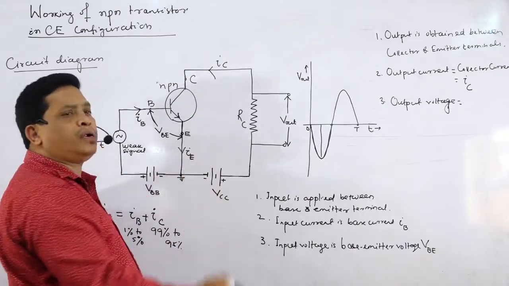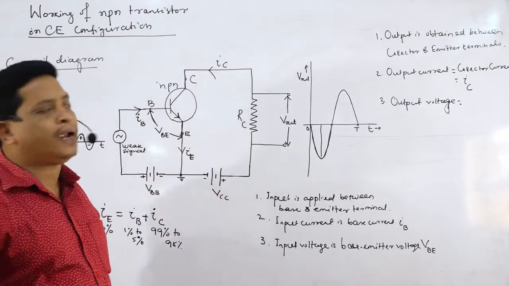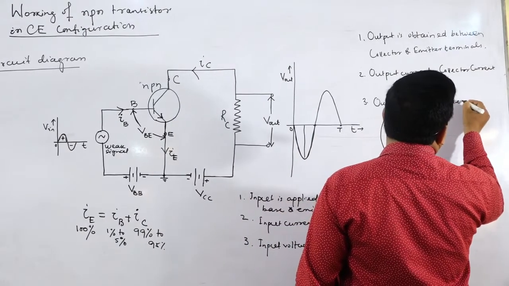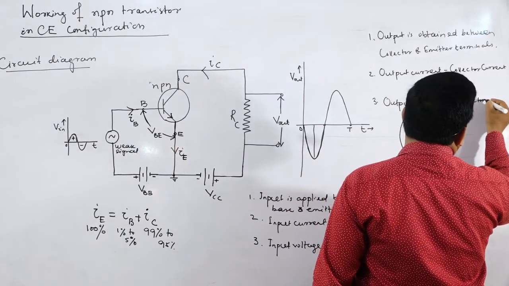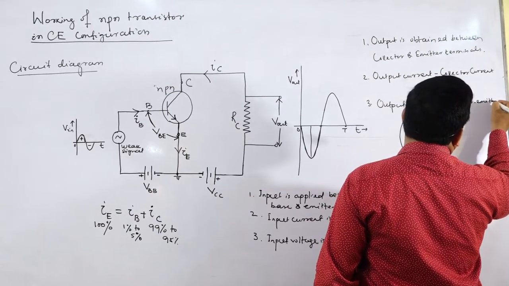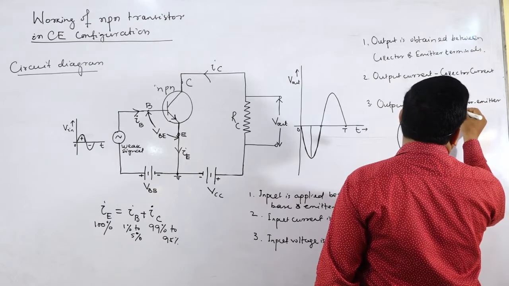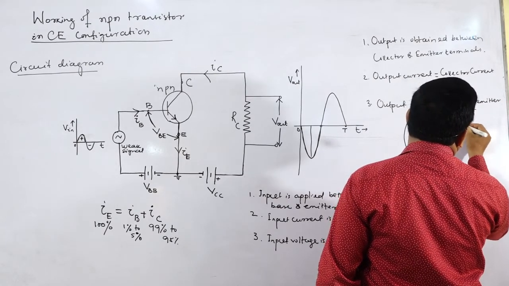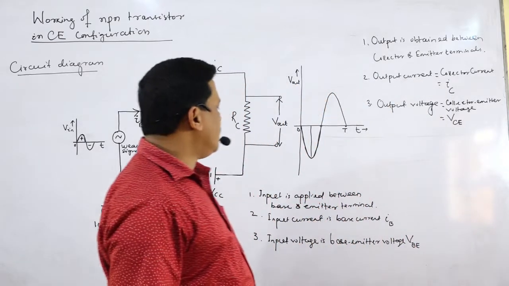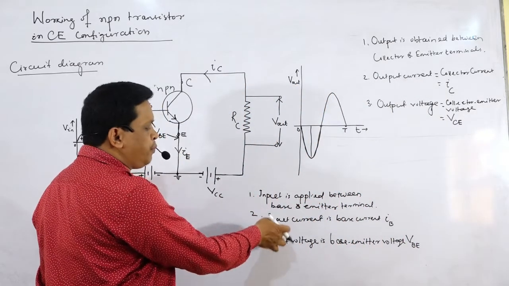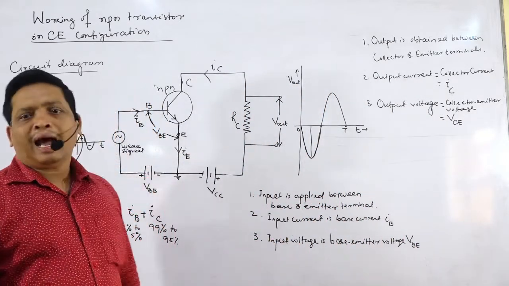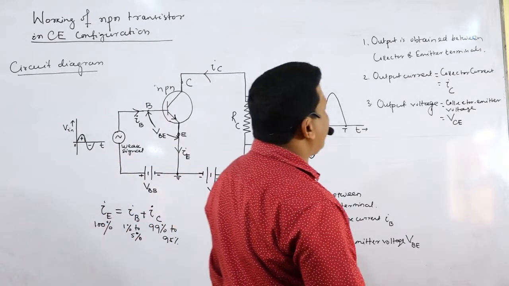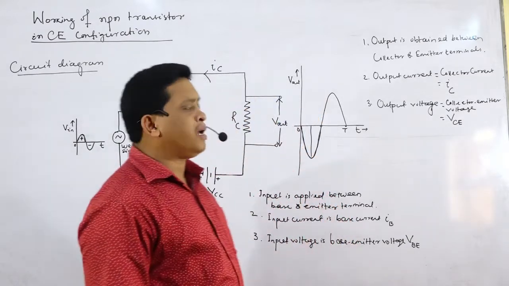Collector emitter voltage is the output voltage, we call it VCE. So these two, input current and input voltage, are the input parameters. Output current and output voltage are the output parameters.